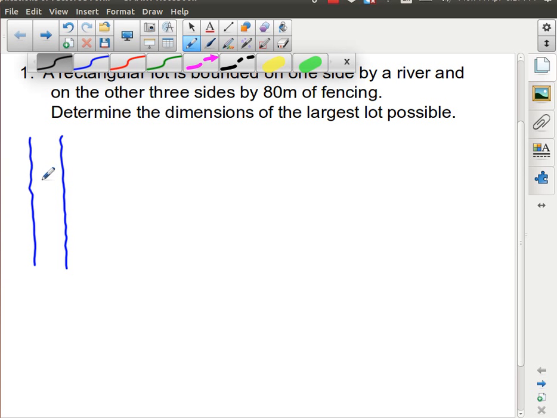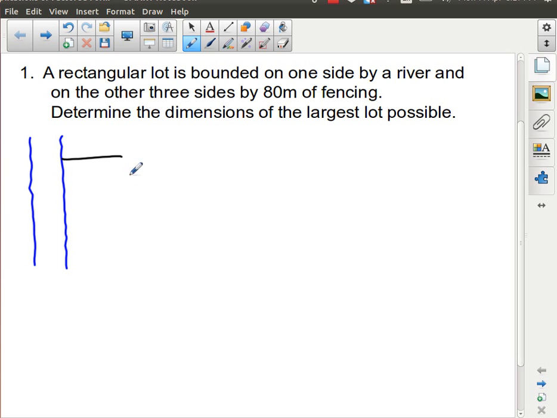So I have my poor excuse for a river here, and then on the other three sides, here is the lot, and it is bounded on one side by the river, the other three sides by a fence. Typically we've got a rectangle here, so normally we talk about a length and a width, and because it's a rectangle, this of course is going to be length as well.